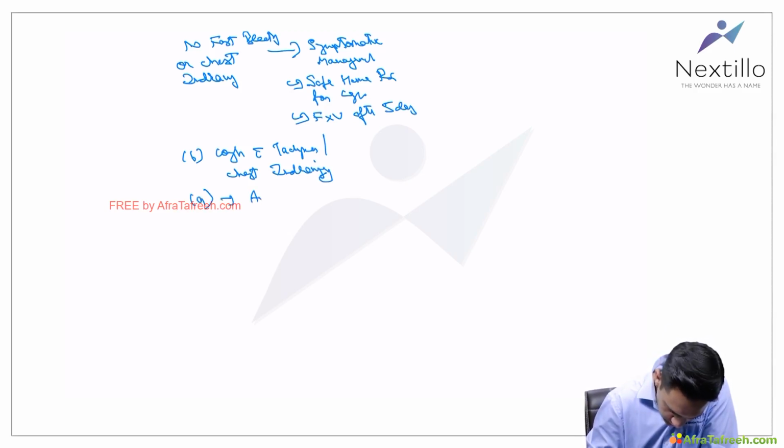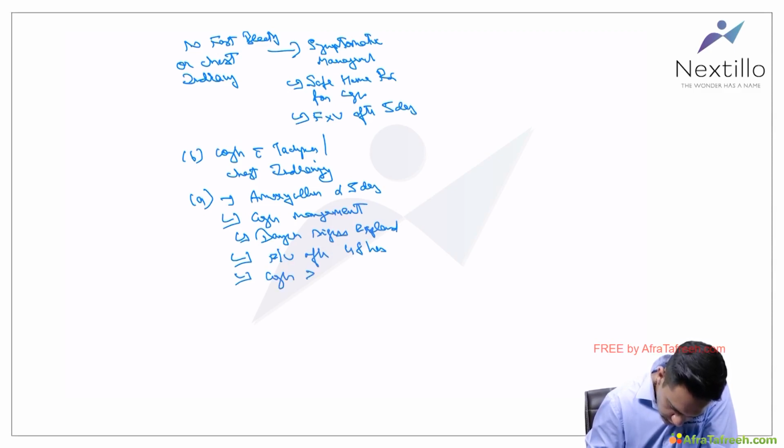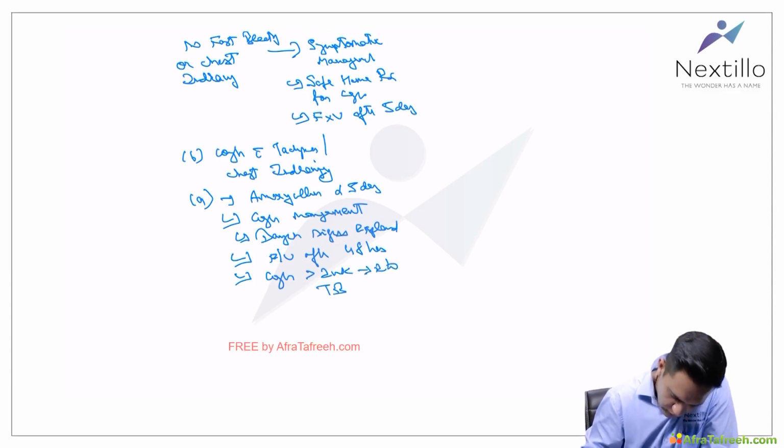Treatment will be oral amoxicillin for 5 days with cough management. We'll explain the danger signs and follow up after 48 hours, and if cough for 2 weeks, rule out tuberculosis.